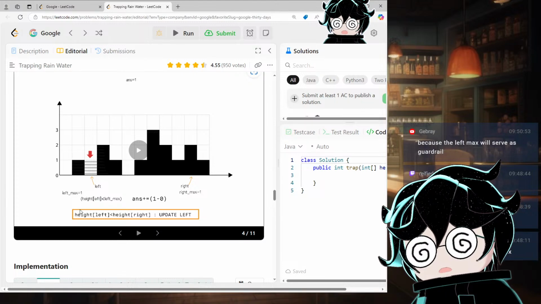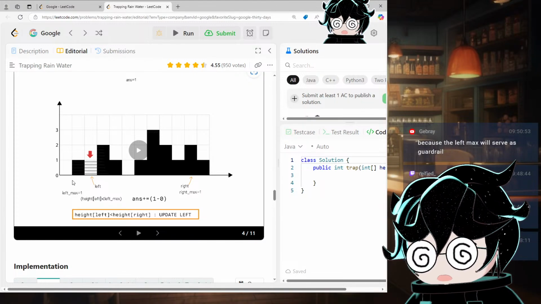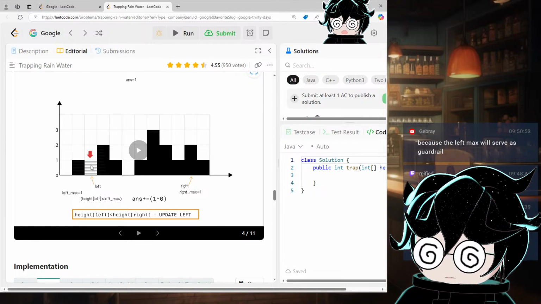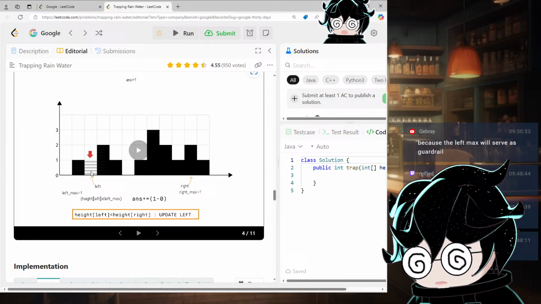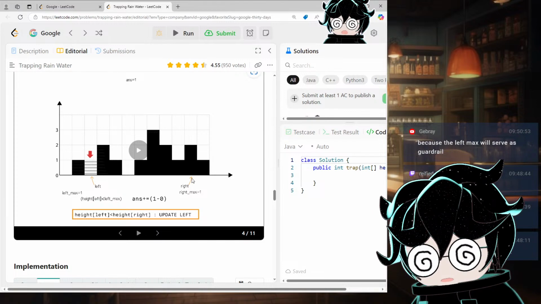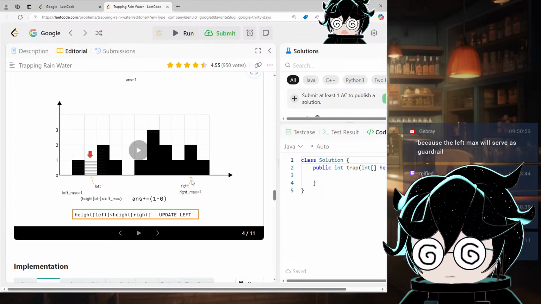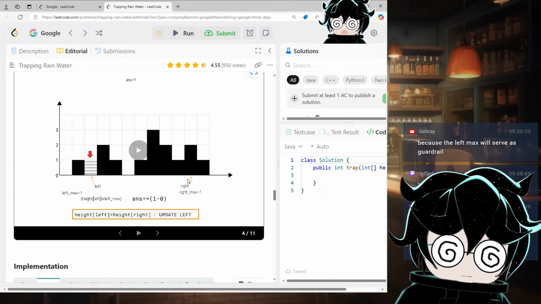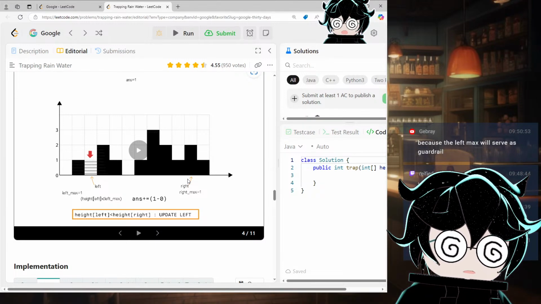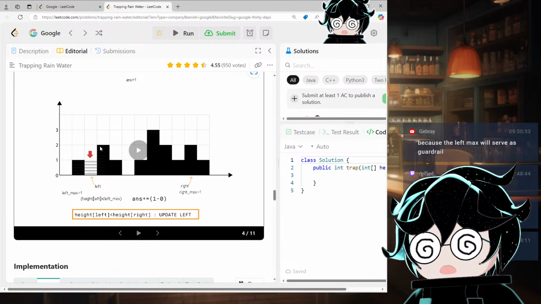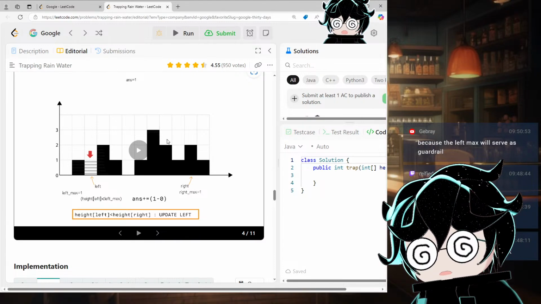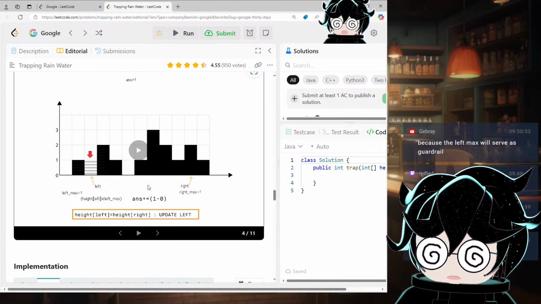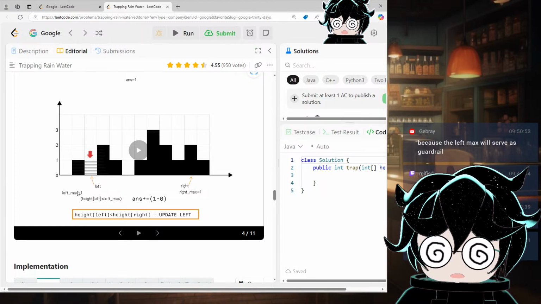Okay, so yes, I understand that we have a max left somewhere to our left, and we can definitely fill out space here. But how do we guarantee that the right has, you know... Oh, wait. I think I see it. We don't care what the maximum to our right is, do we? We don't care that this is 3 over here, because we'll always take the minimum height.